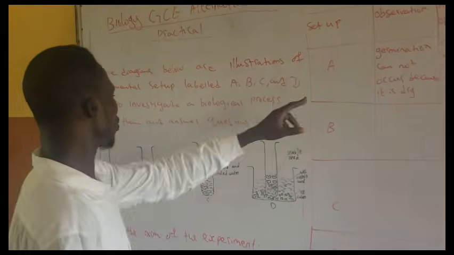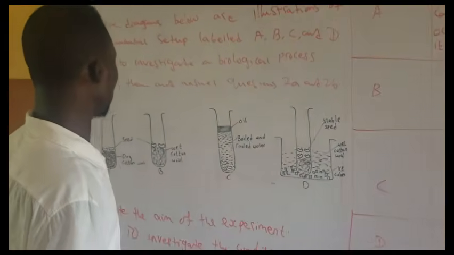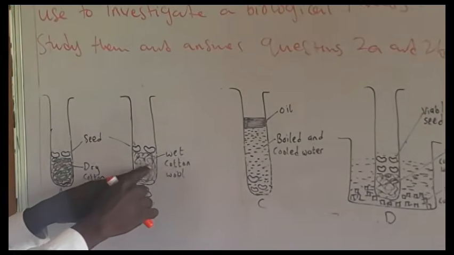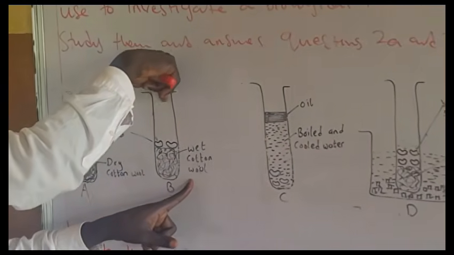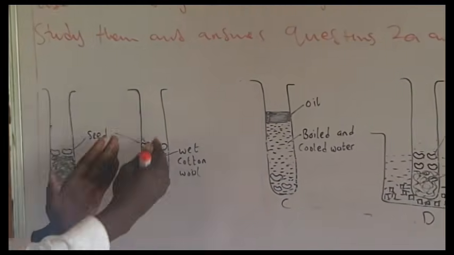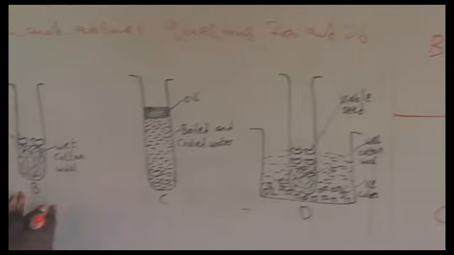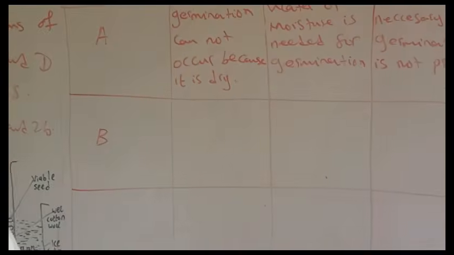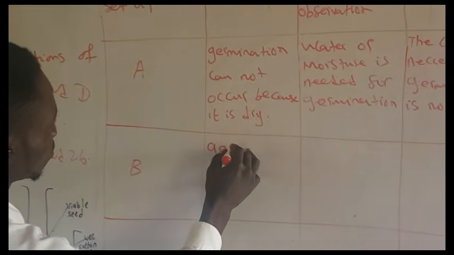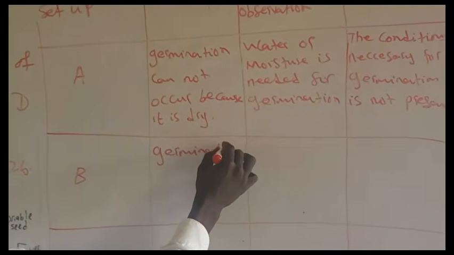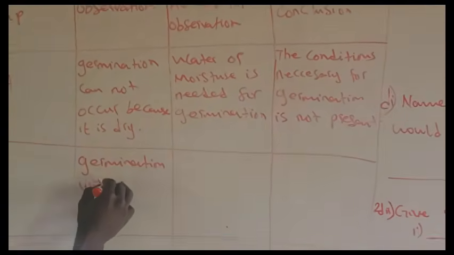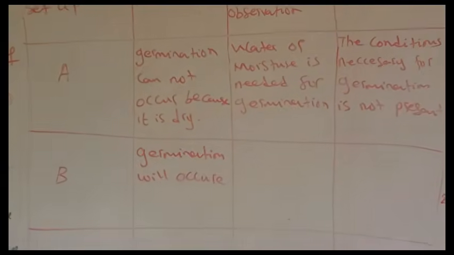The next one, B. What do we observe in B? We observe that the cotton is moist, there is airspace, and of course, the environment is okay. Therefore, we can say observation: germination will occur.